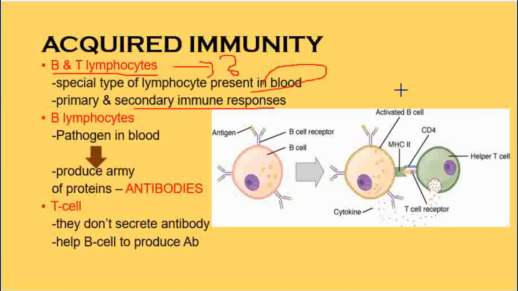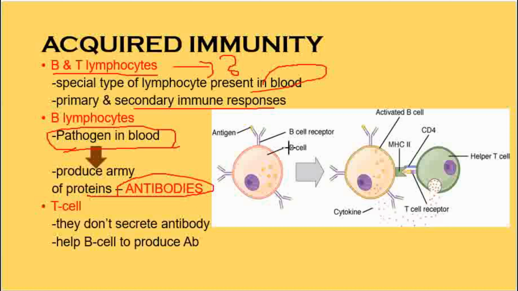When a pathogen comes into our blood, breaking all the barriers, our immune system produces an army of proteins which are called antibodies.